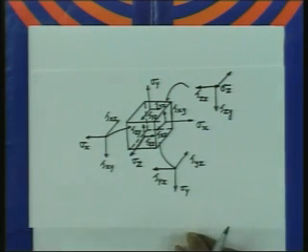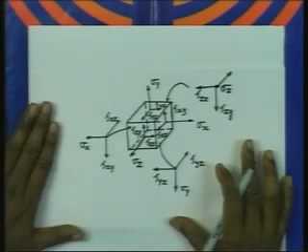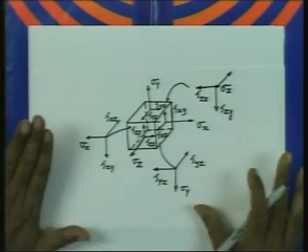So that's how you are going to get the stresses on all the 6 faces, and under the action of these stresses the body is in equilibrium. So this is how the stresses are acting at a point in the body under external loading in 3 dimensions.